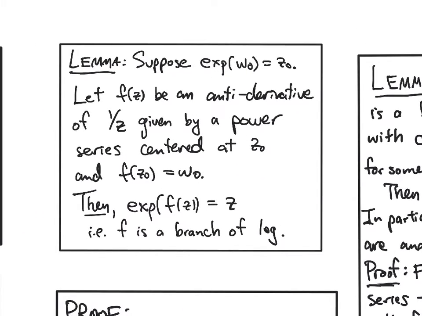So suppose that we have just one inverse image under the exponential map of z naught. So exp of w naught maps to z naught. And we already know that we can construct antiderivatives of 1 over z as power series.